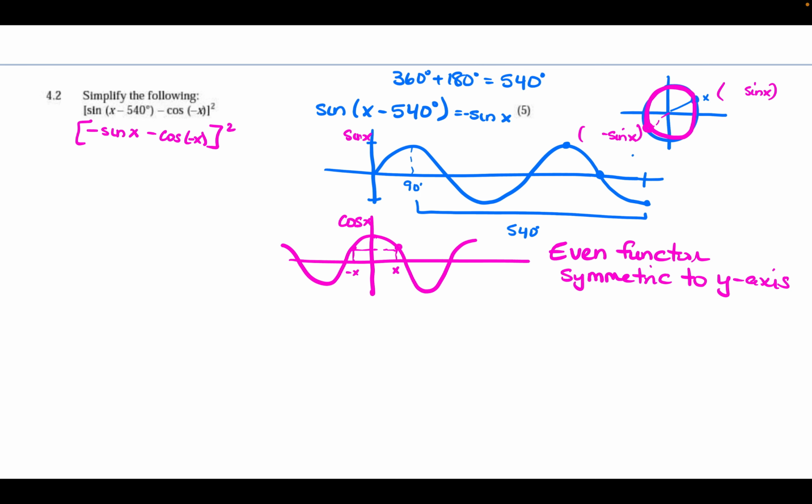So we can always say that the cosine of the opposite of an angle is equal to the cosine of the angle. While we're talking about that, if we did have a problem with the sine of the opposite of the angle, that's equal to the opposite, the sine of the angle, and that's also true of the tangent.